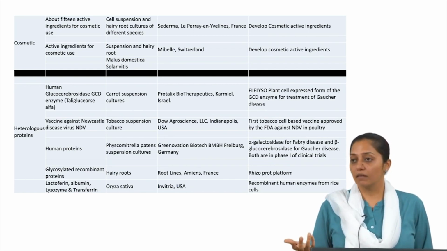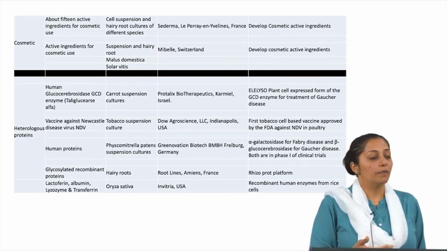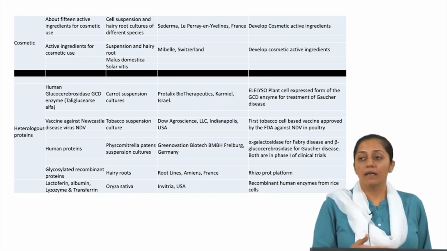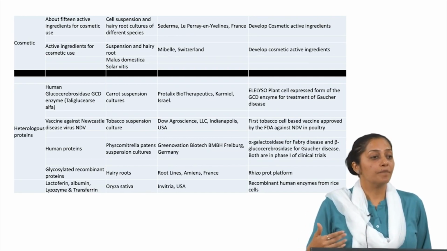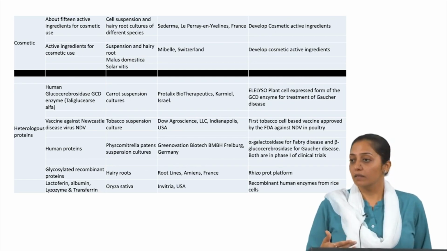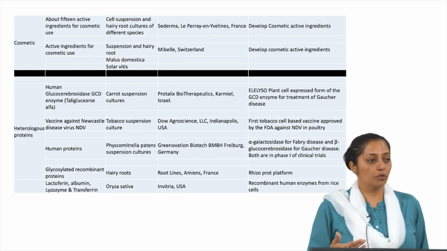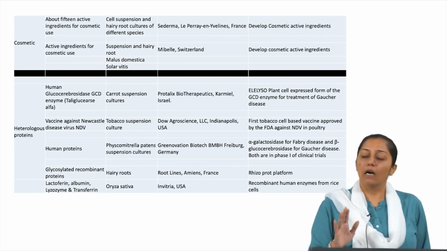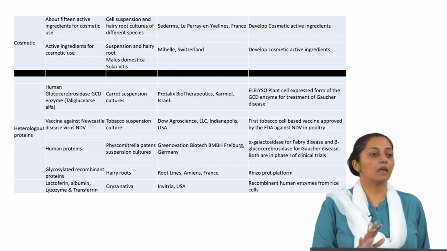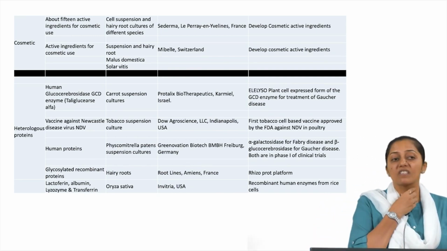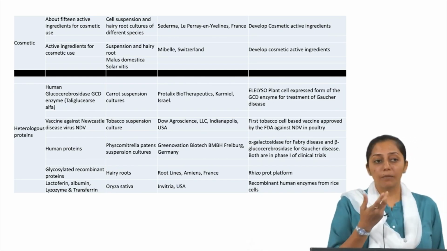Biosimilars is one big area, where CHO cells are used. Now there are examples where some are in human trials, but some of these plant based recombinant proteins which have been produced using plant cell based bioprocesses are now approved by FDA and are now marketed. So some of the examples are your Gaucher's disease, Cerezyme.